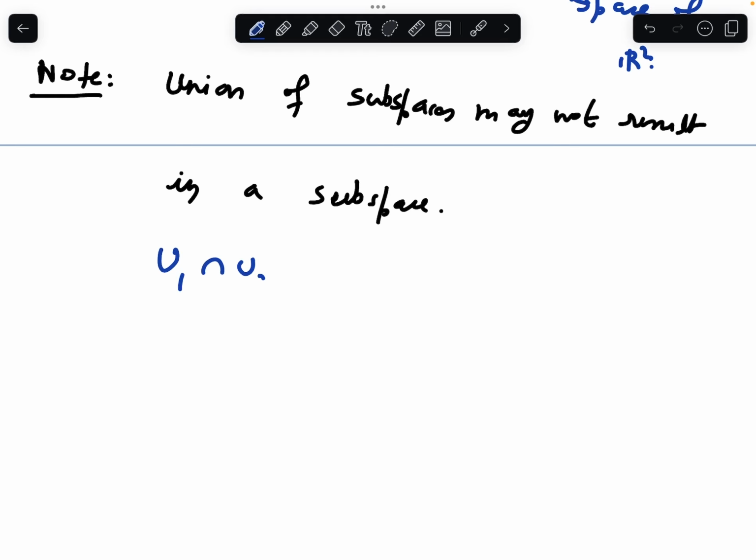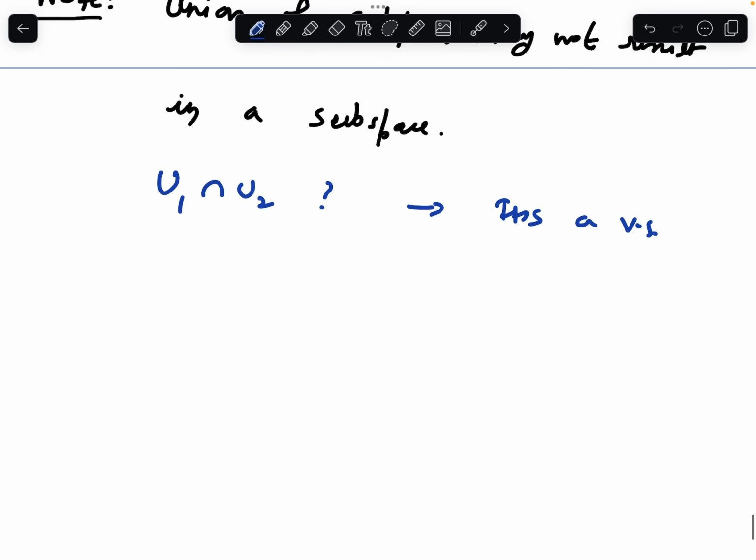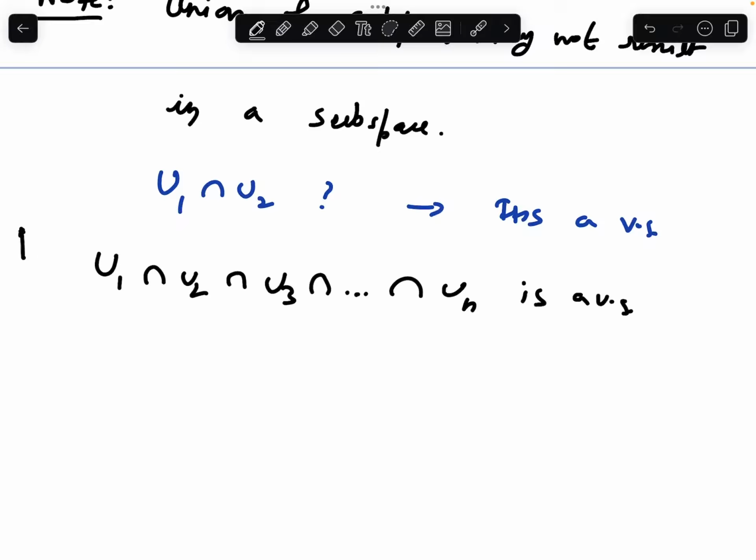U1 intersection U2. Is this a vector space? It is a vector space. In fact, more is true. U1 intersection U2 intersection U3 intersection ... intersection UN is a vector space.